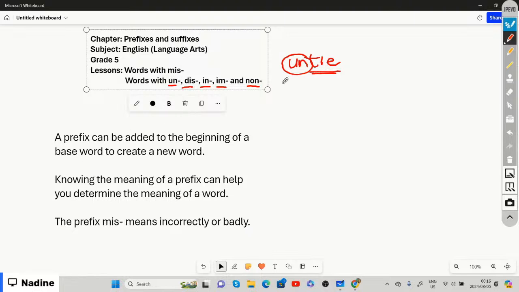So we have untie, we have unzip. Who can think of more words starting with "un"? We have understand, yes.